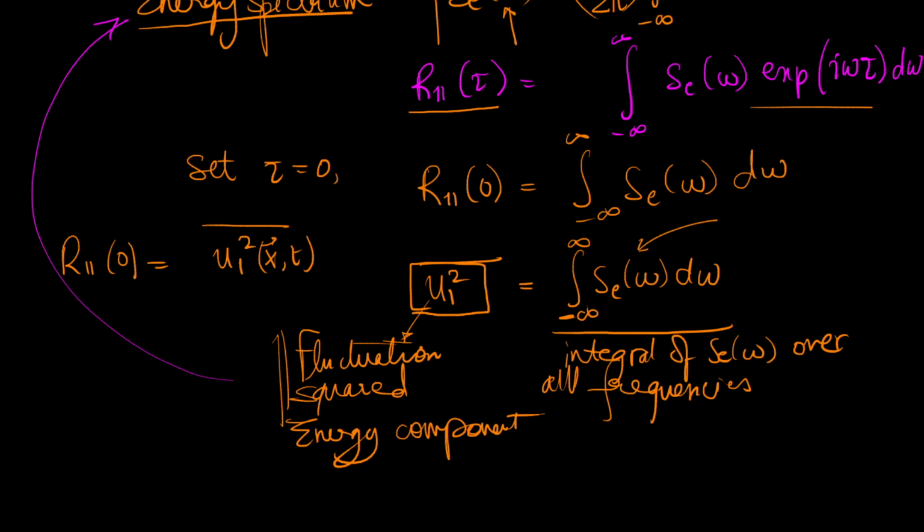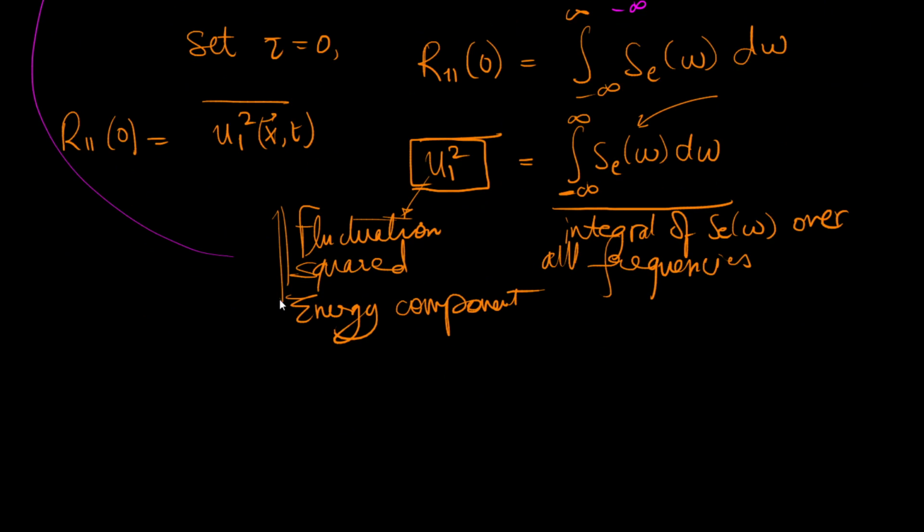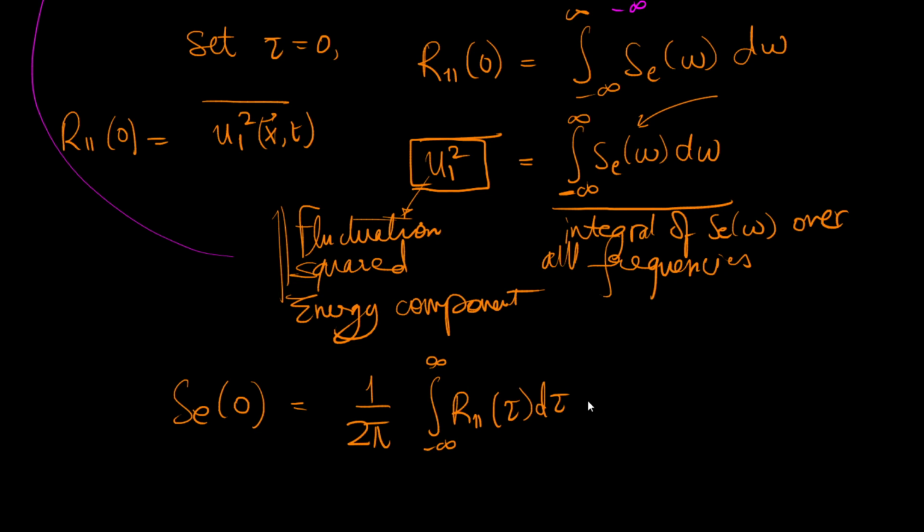So similarly, Se0 is obtained by setting omega equal to 0. It is 1 over 2 pi integral minus infinity to infinity R11 of tau d tau, and this is equal to, so I've basically set omega equal to 0.